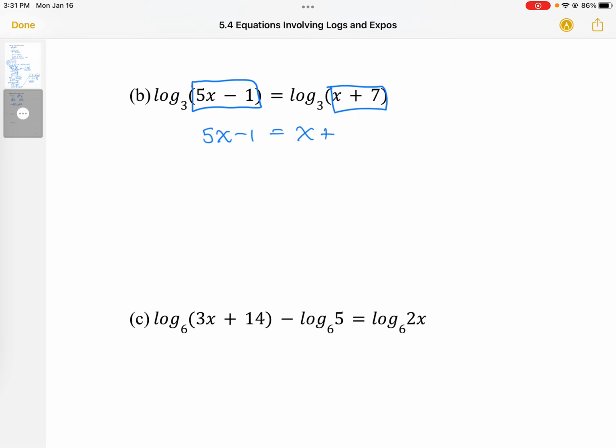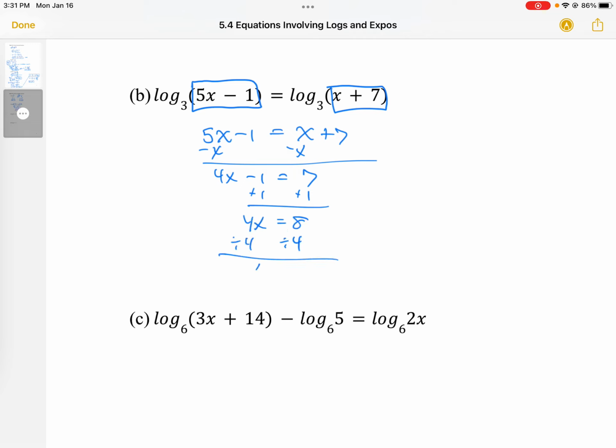And then from there, we're just going to solve this, trying to get all our x's on one side. Add 1 to both sides, so we have 4x is equal to 8. Divide both sides by 4. So x is equal to 2. And then we should get in the habit of checking our answer in the original.